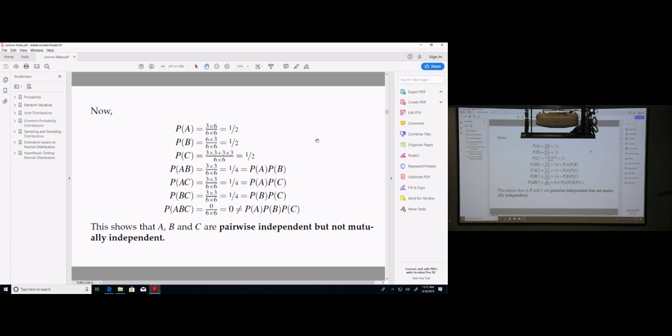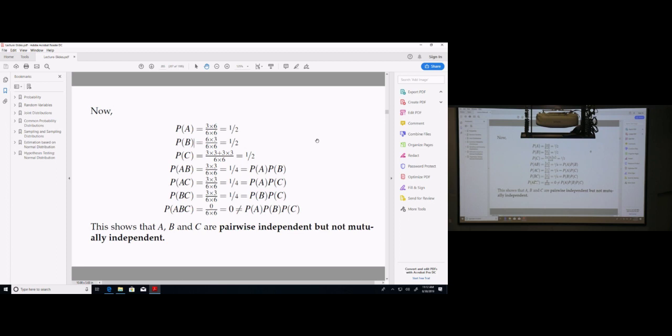And now, if I have A intersect B intersect C, this is impossible because A is about an odd number in the first roll, and then B is about an even number in the second roll. C is that they are either both odd or both even. It can't happen, all right? Given that you already have an odd in the first place and an even in the second place, then they can't be both odd or both even.